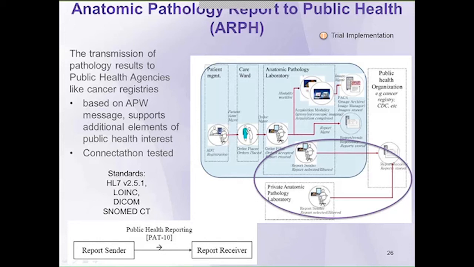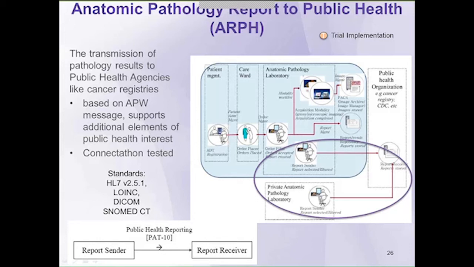There are many situations, with an example given here of the CDC and Cancer Registry from the United States, of potentially sending data from an anatomic pathology laboratory directly through automated systems to these receiving agencies that need to get it.